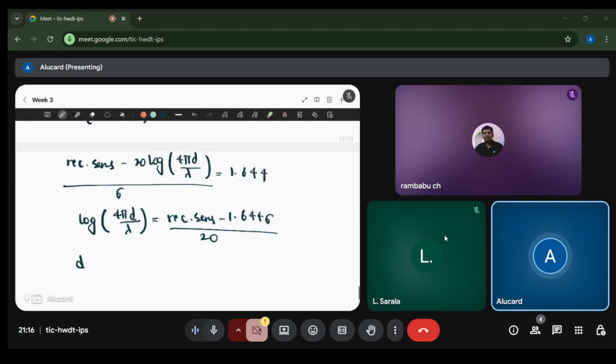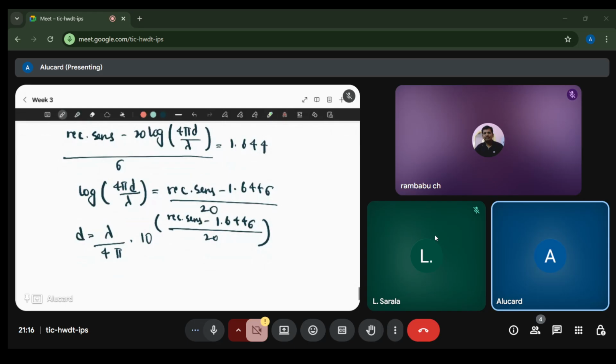So d is lambda by 4 pi into 10 power receiver sensitivity minus 1.644 sigma, divided by 20. The answer will be in meters if you write your lambda in meters.